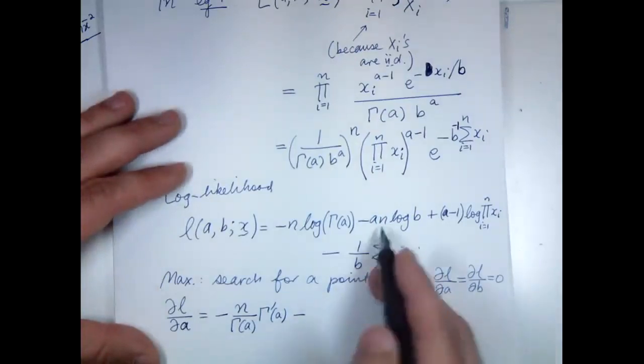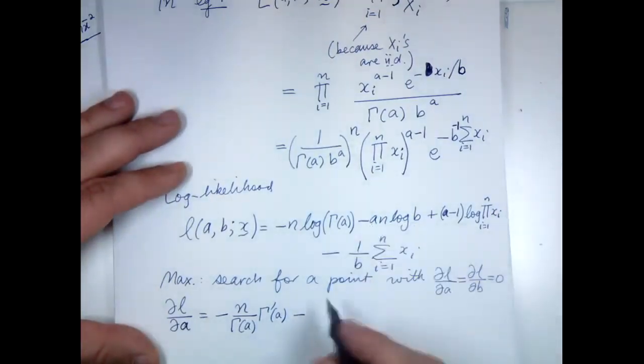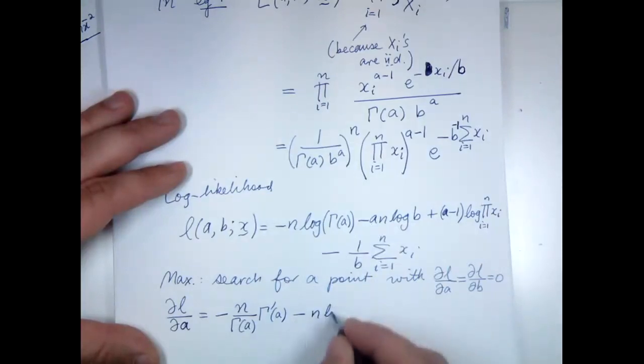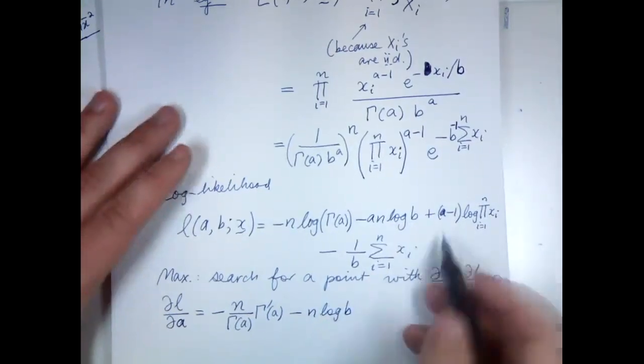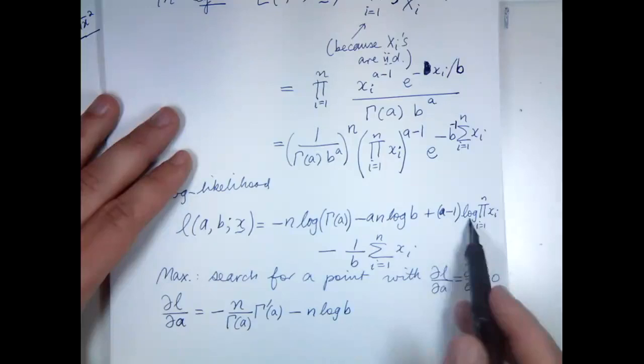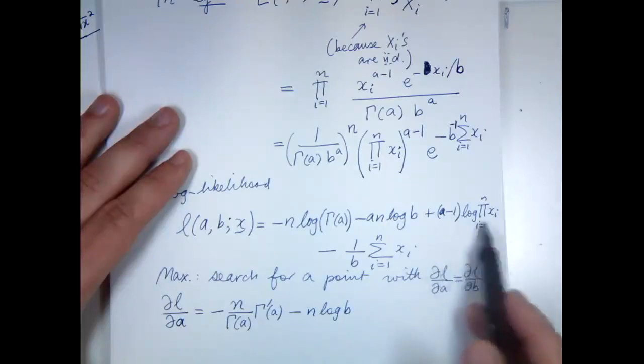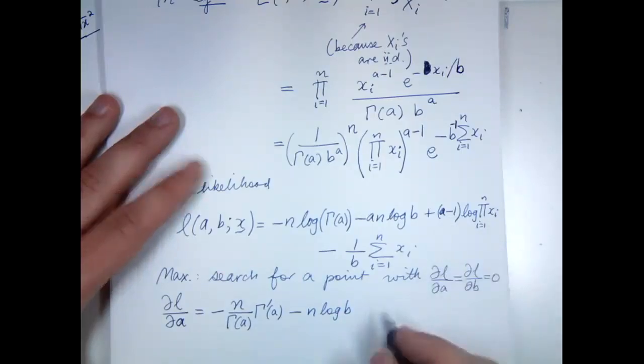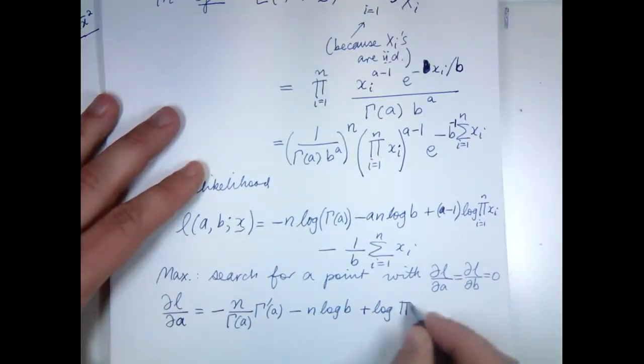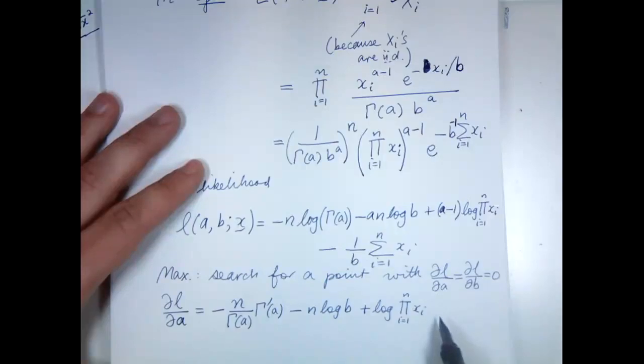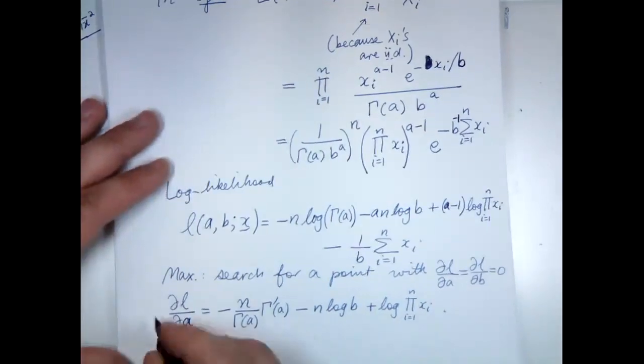Minus, this is differentiated with respect to A, I'll just get n log b. And then this one, a minus 1, once again I'll get the coefficient of that, plus the log of the product of the xi. And then the final term, there is no A involved in the final term, so I'll leave it at 0. So we'll be setting that to 0.